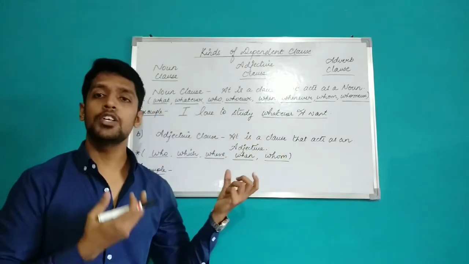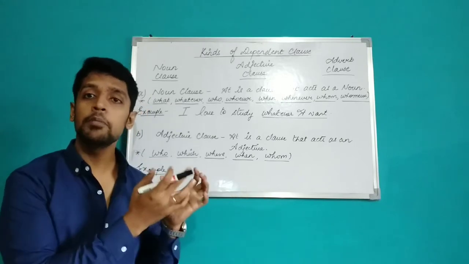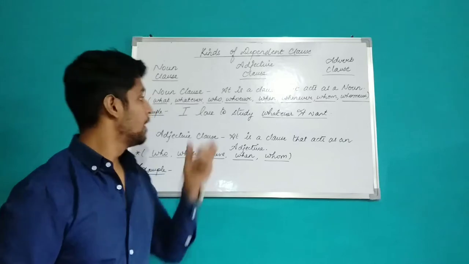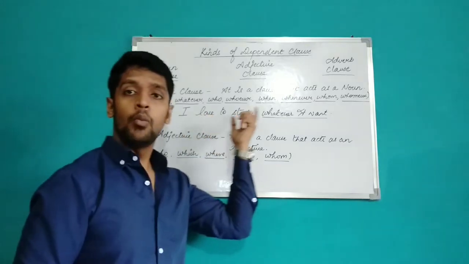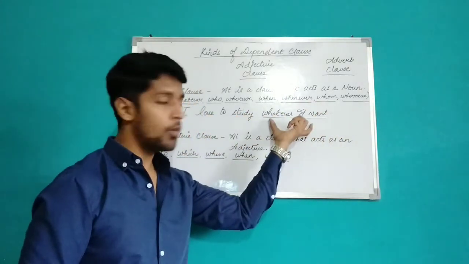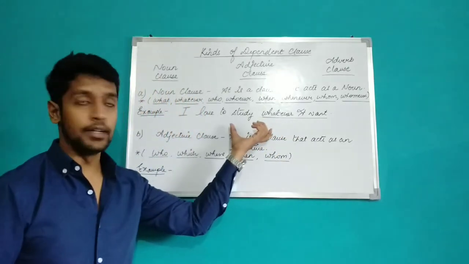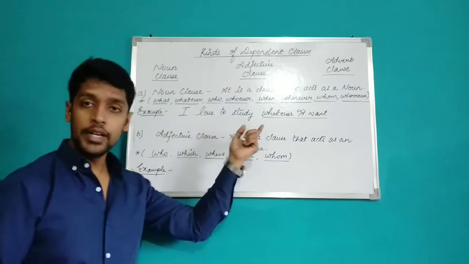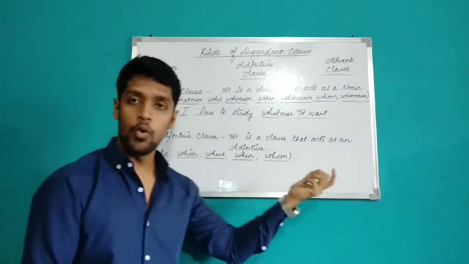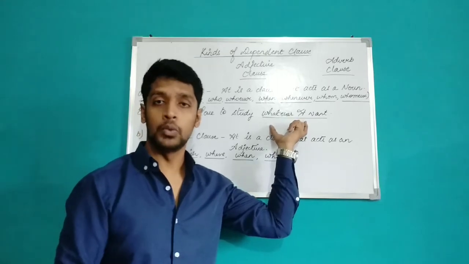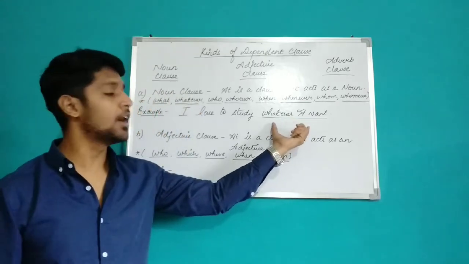Definitely something is missing in the sentence and that missing part is called a noun, because you do not know what you love to study. I love to study whatever I want. So whatever I want is acting as a noun in the sentence to complete it. I love to study what? Whatever I want. So it is fulfilling the job of a noun. That's why it is termed a noun clause.